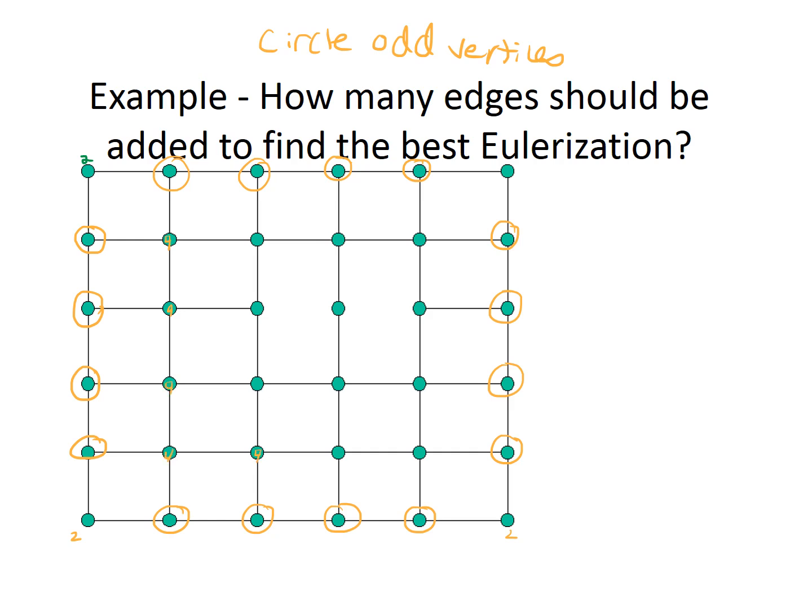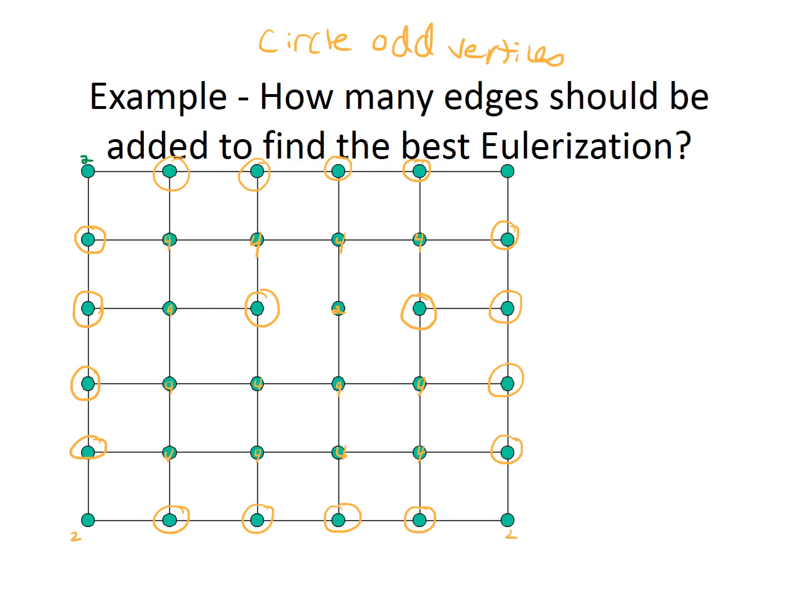So those are okay. 4, 4. This one has 3, so I'm going to circle it. 4, 4, 2, 4, 4, 4, 4, 3 again, 4.